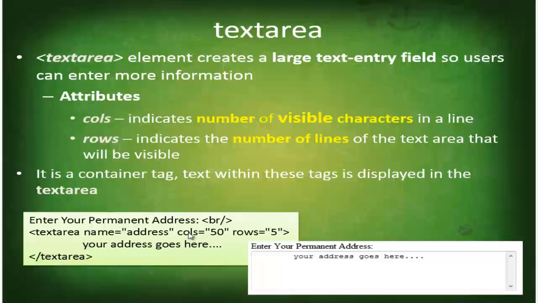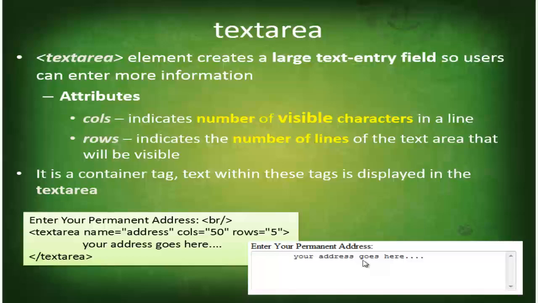You can specify how many columns, that is how many characters will be displayed, and how many rows will be displayed. So in this case, 5 rows will be displayed and 50 columns. So 5 lines with each line containing 50 characters will be shown to the user. If you type anything between the textarea and slash textarea, that will come as the default value.